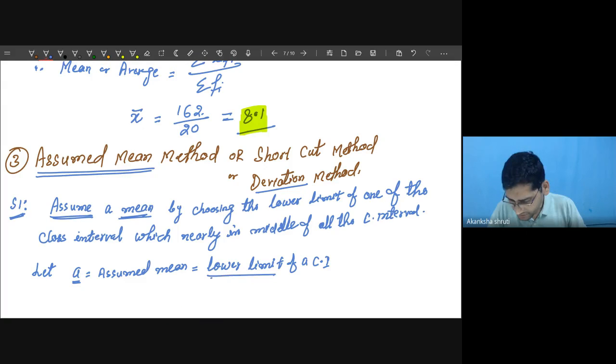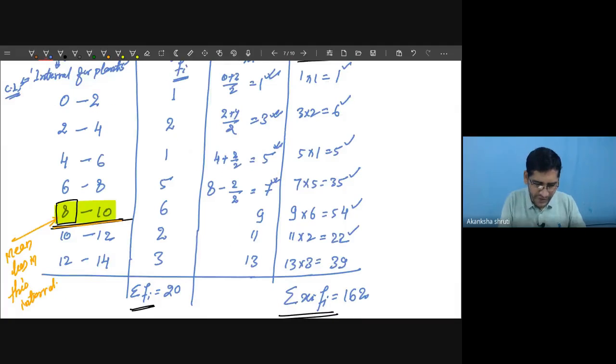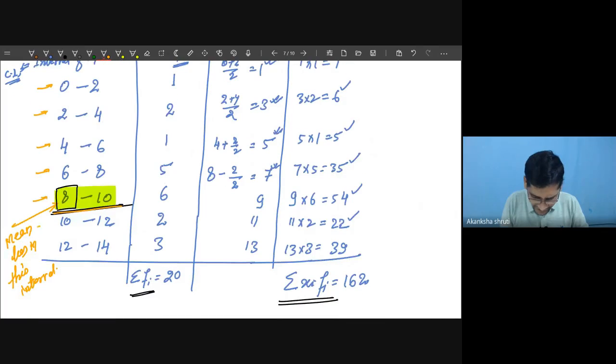Which class interval? The class interval which is in between. Just count it. Here you are observing how many class intervals there are: the first interval, second, third, fourth, fifth, sixth, seventh. So 7 class intervals are there. You can choose the middle one, which is this one. So you shall prefer the lower limit of this middle class interval, meaning this 6.